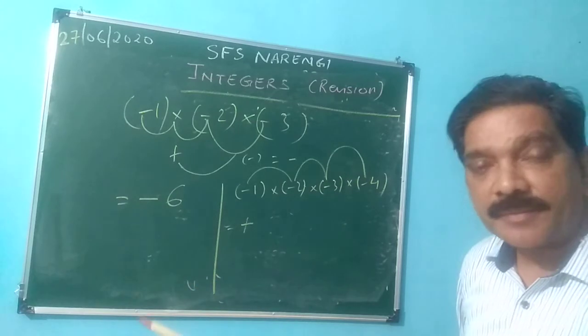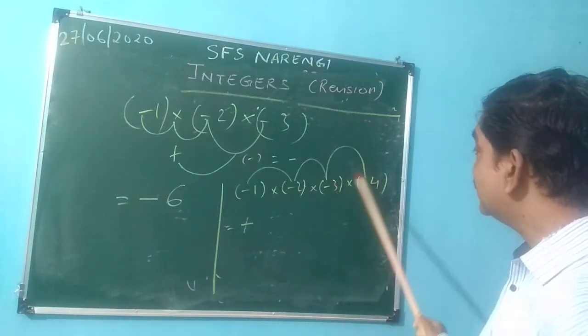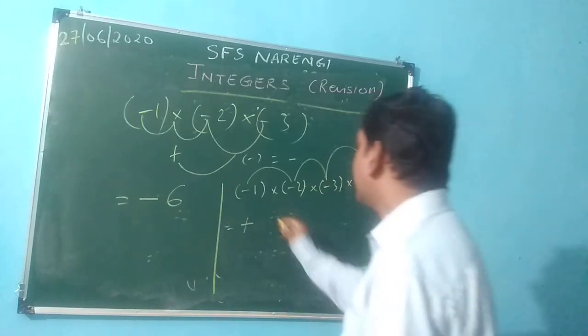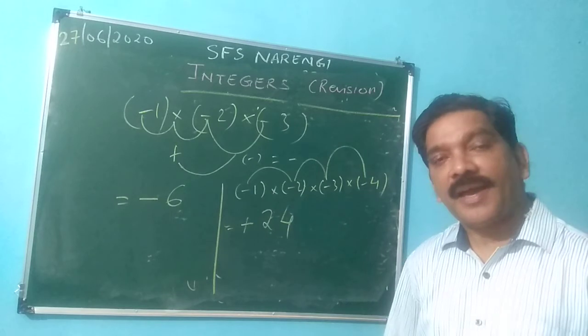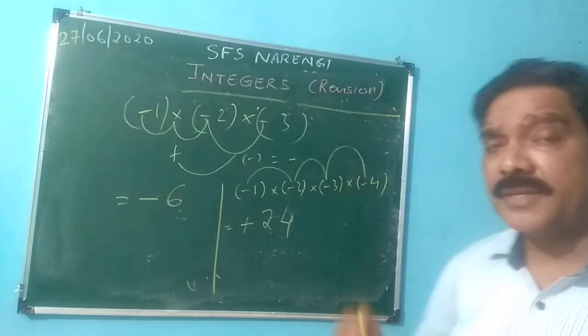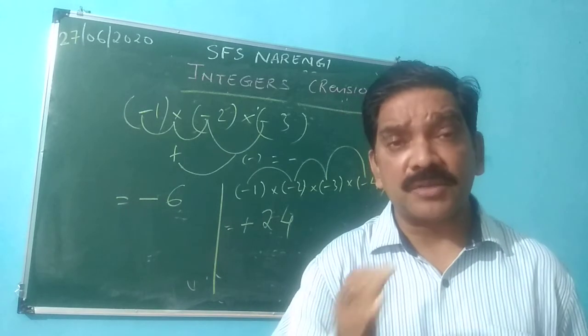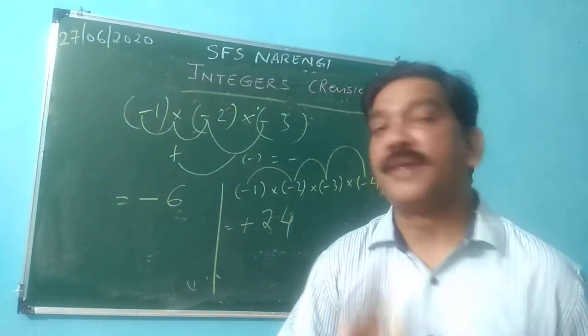Clear? Now let us multiply the numbers. 1 into 2 is 2, 2 into 3 is 6, 6 into 4 is 24. So here the answer is 24. Clear? I think you have understood very well, and these are the very fundamental, very basic things about the multiplication of signs, that is plus and minus.